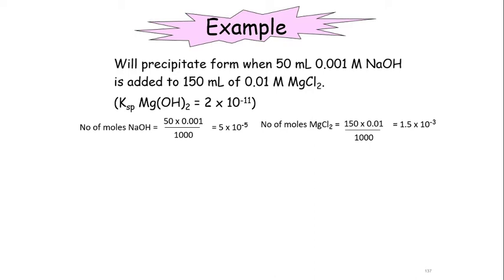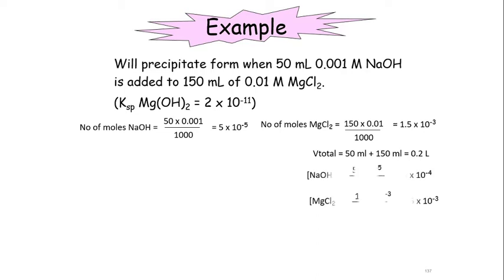The third step is to calculate the total volume. So 50 plus 150 equals 200 milliliters or 0.2 liter. The next step is to calculate the new concentrations of NaOH and MgCl2.